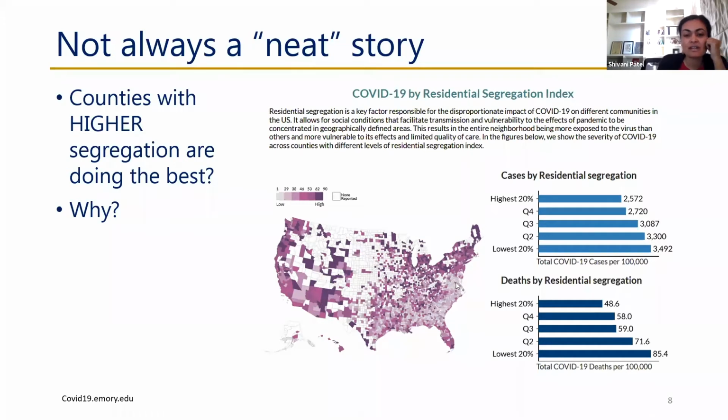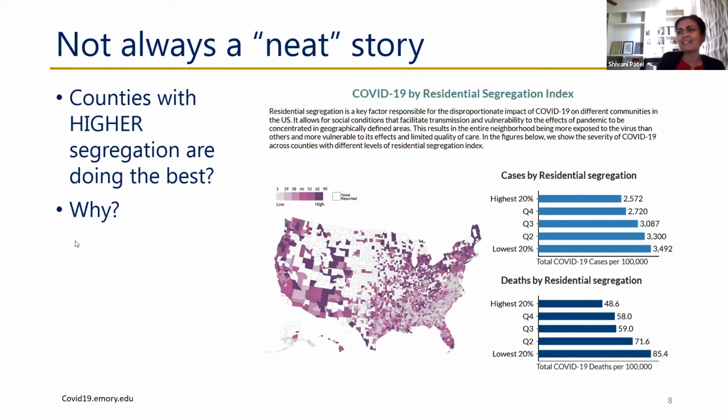So then you have, again, to think about residential segregation in isolation versus residential segregation maybe being confounded by some of these other factors. Again, at an ecological level, it might be really difficult to disentangle this, but I just want to highlight some of the complexities in considering race and ethnicity and health outcomes.